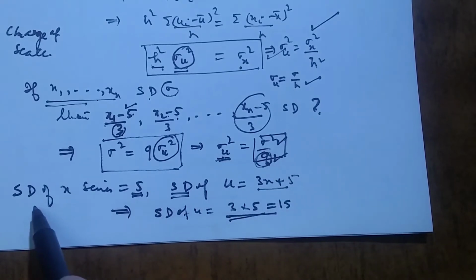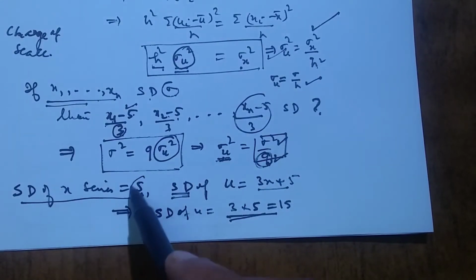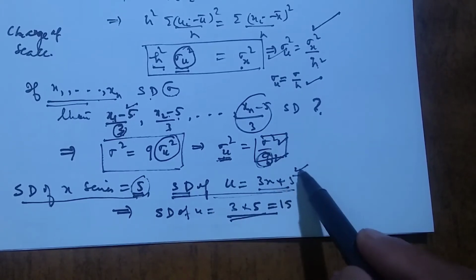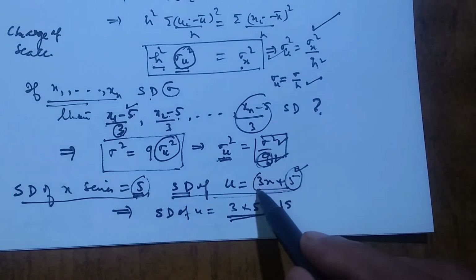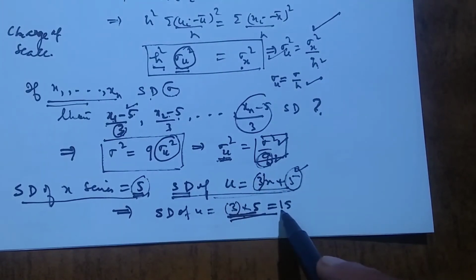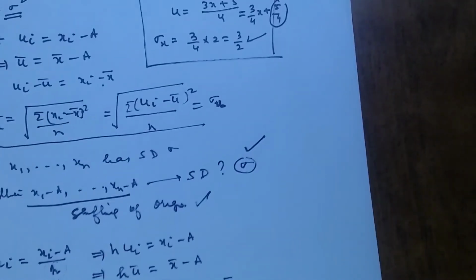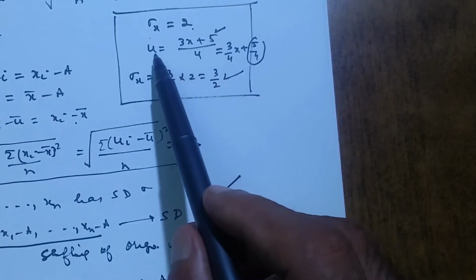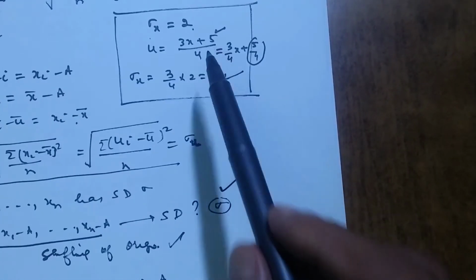Now suppose I have a series with standard deviation 5. What is the standard deviation of u, which is like this? No change because of the shifting of the origin, but multiplied by 3, so the standard deviation is multiplied by 3. Let's take another example: suppose the standard deviation of x is 2. Then what is the standard deviation of u equal to (3x plus 5) divided by 4?